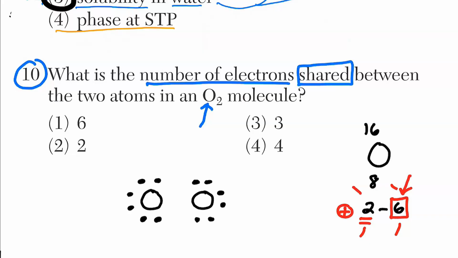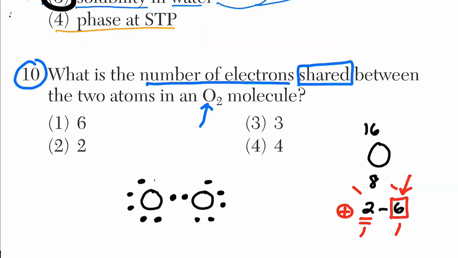So what I'm going to do is I'm going to remove this electron, and then I'm going to put that right here. And then I'm going to remove another electron. I'll take this one, and I'll put that right here.